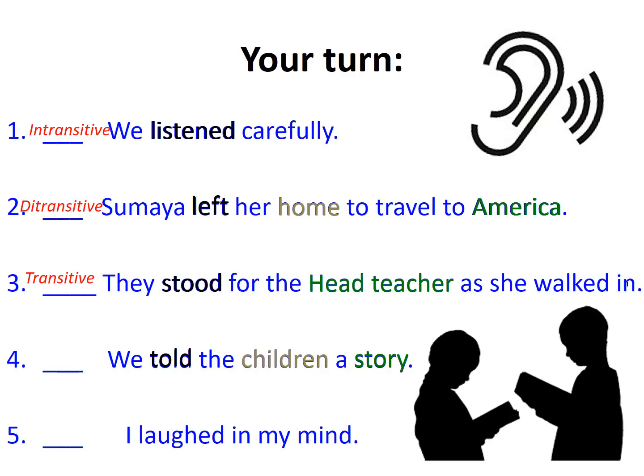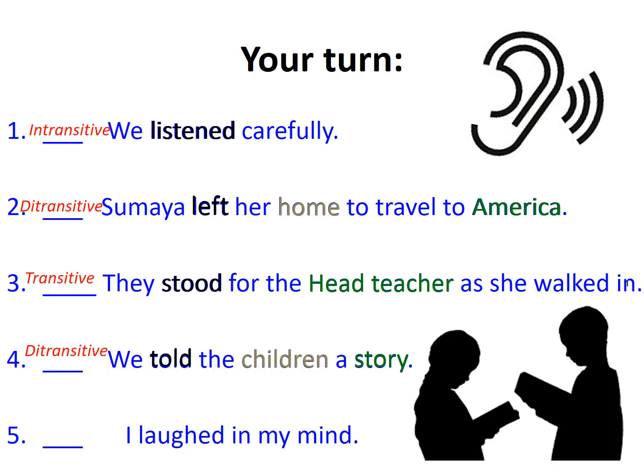So the ditransitive nature of the verb told is clear because the direct object of telling is the story, and the indirect people who benefit from hearing the story are the children. We have both the direct object and the indirect object to match the verb in this sentence. So that makes the verb ditransitive.